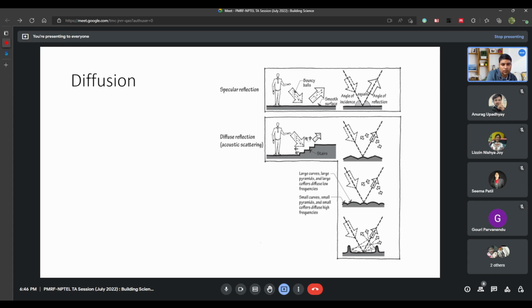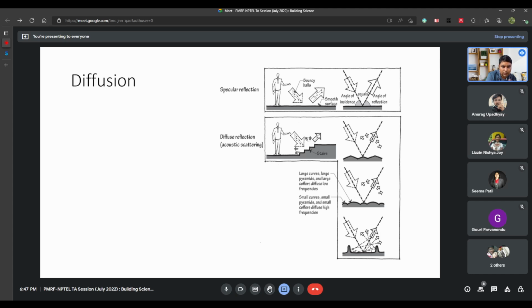Also, when we go further into detail on how we design surfaces in an interior space, like light, sound also has the concept of specular reflection and diffuse reflection. Where you have a very plain, polished, hard surface, you will have specular reflection. And if you have a rough textured or undulated surface, it will result in diffuse reflection.